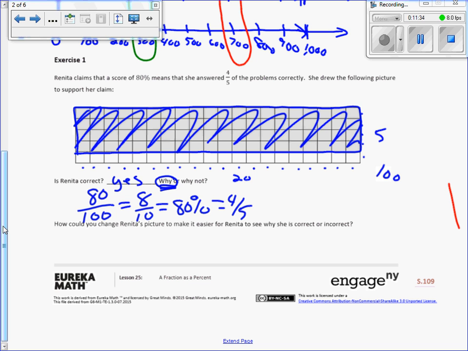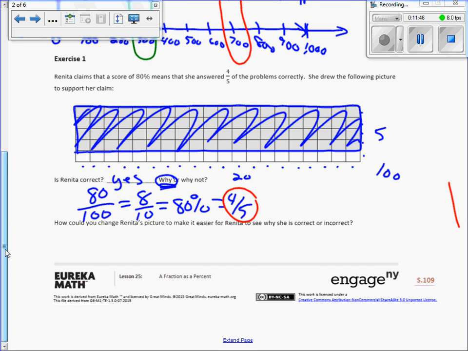Okay, how could you change Renita's picture to make it easier for her to see why she is correct or incorrect? Well, we could reduce this. We could get it down to that. And we could make a table and go like this. 1, 2, 3, 4, 5. Made it a little too large. Let's get rid of some of that. Okay, 5 squares.